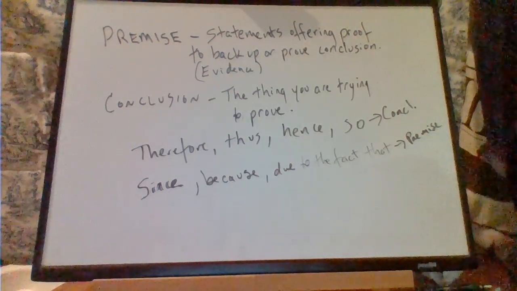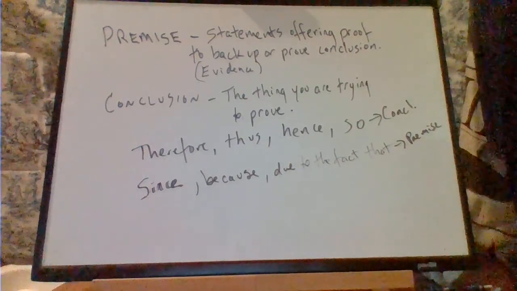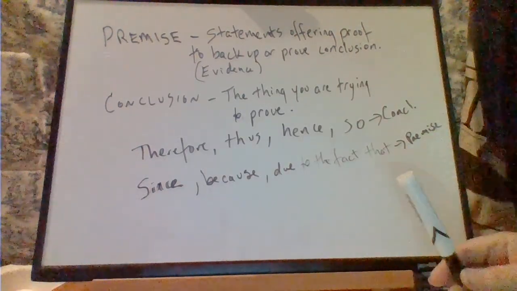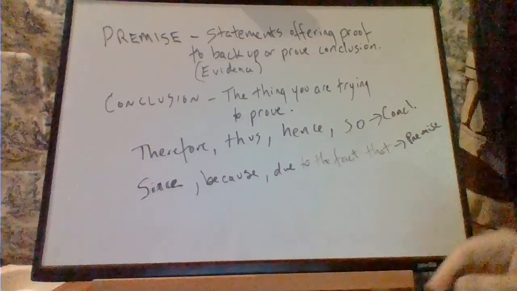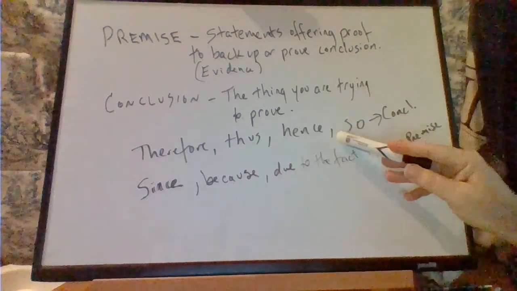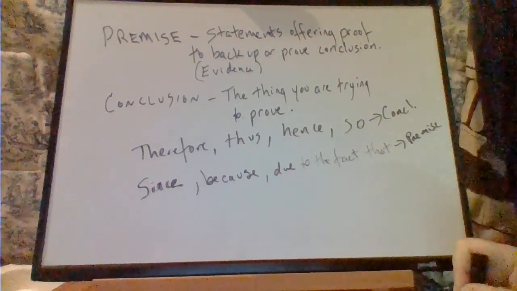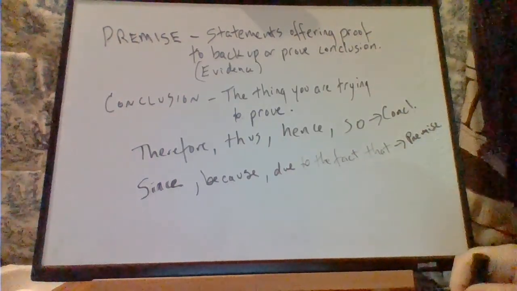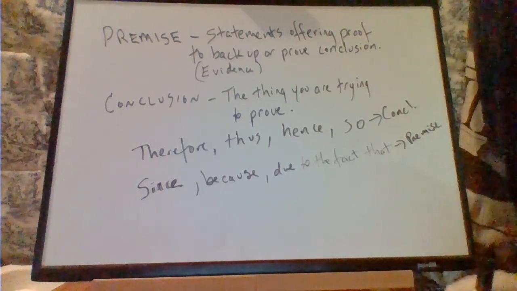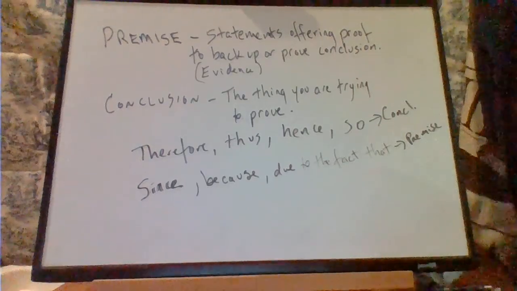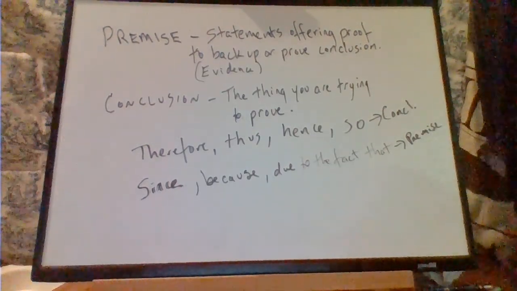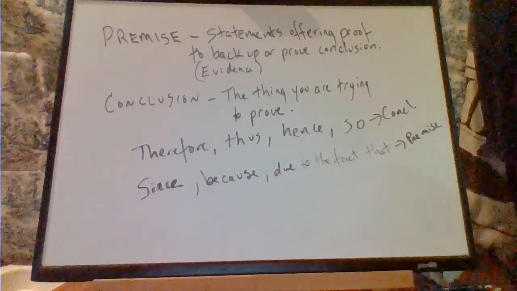There is one other thing that can lead you to it as well. When we look at arguments, they don't always have indicator words. A lot of times they do, and that makes it really easy, but if they don't, in English, the likelihood is that the first sentence is going to be your conclusion.